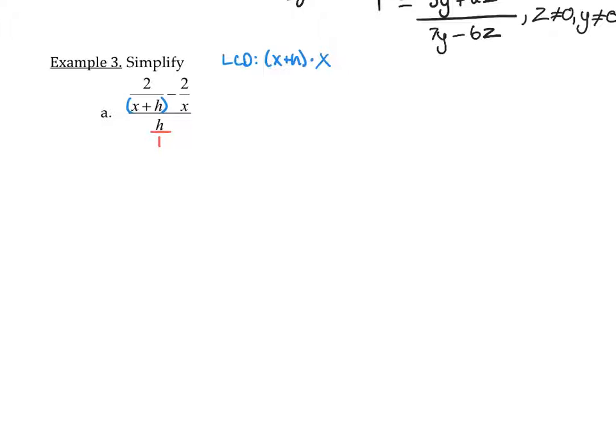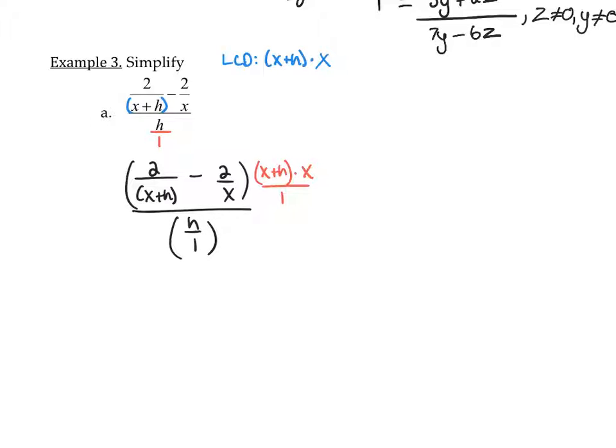So for our Method 1, we are going to multiply by the LCD over 1 over the LCD over 1. Now you can go ahead and squeeze it onto the front of your problem. You can do it on the left or the right. It doesn't really matter where you do it.